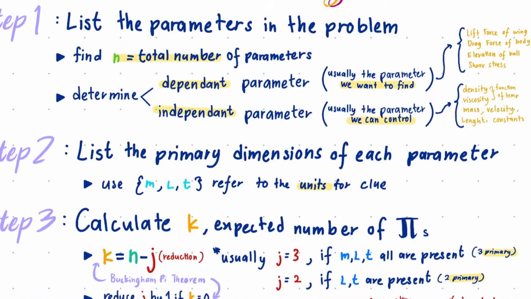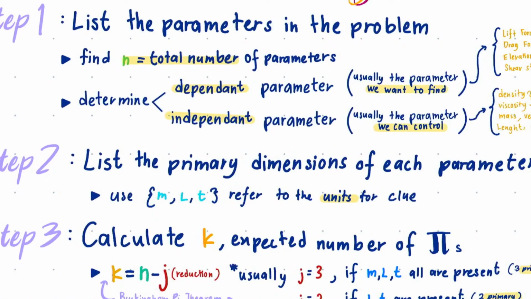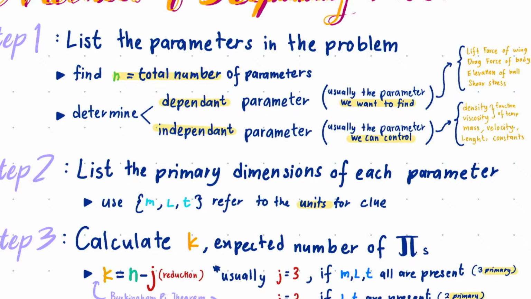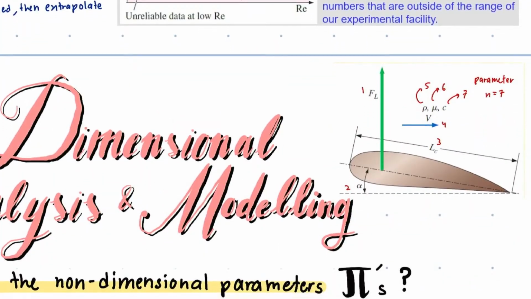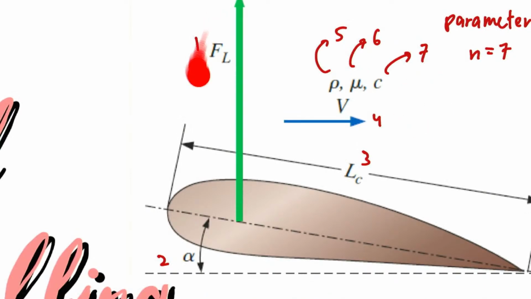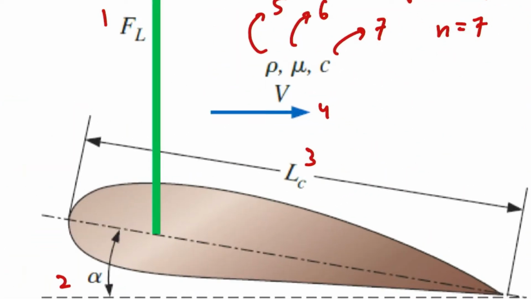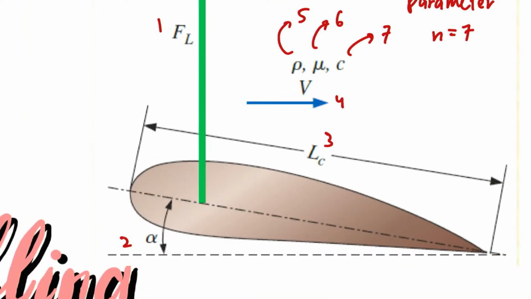So you can already see which one above here is the dependent variable, which is the force. All the others are independent. We can control the velocity, the length, the angle of attack, the density, the viscosity, and also the Mach number.